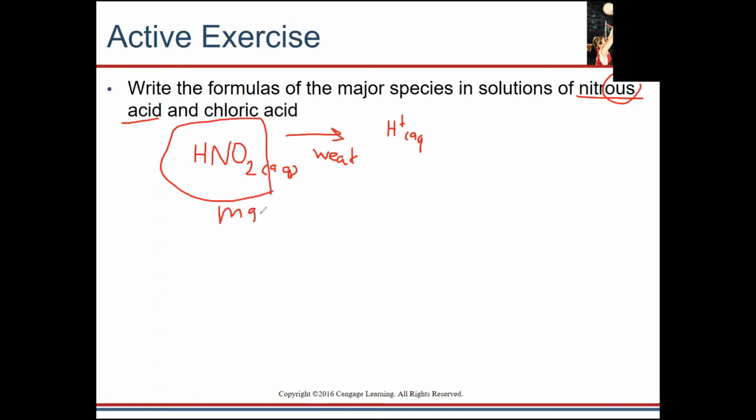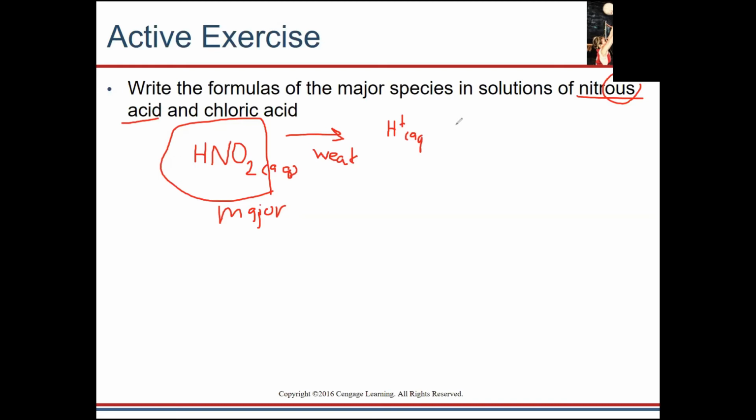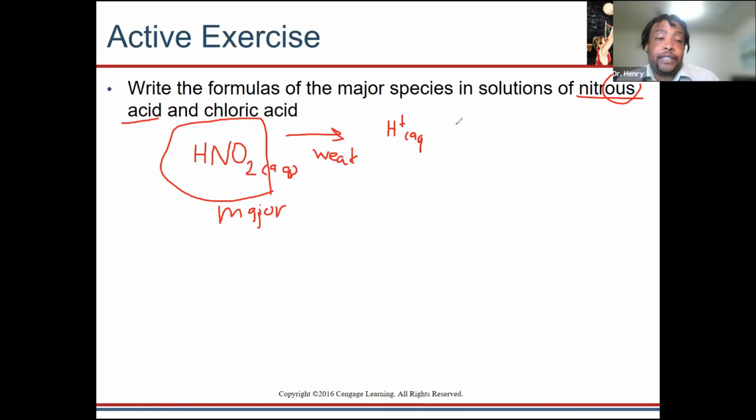Why would it be, Dr. Henry? Because it doesn't dissociate. It doesn't want to dissociate. So you're not going to have a lot of them dissociated. Weak acids don't dissociate. Okay, but why is the weak one circled then? Okay, because we're talking about the major species.